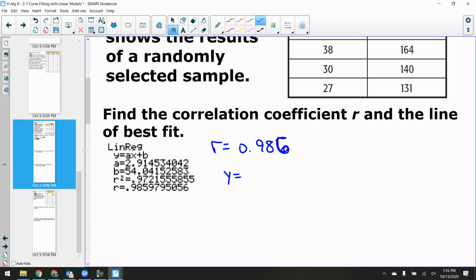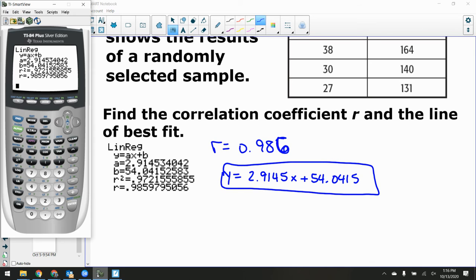y is equal to 2.9145x plus 54.0415 as my y-intercept. All right. So there's my equation of the line of best fit. Now let's go ahead and put our equation on our scatter plot.